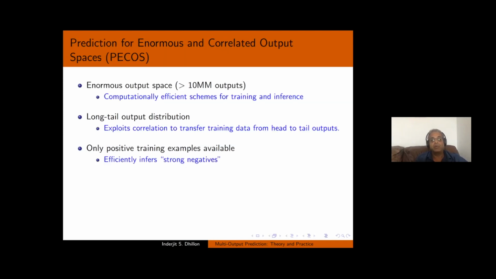So I'll talk about computationally efficient schemes for doing training and inference. I'll talk about this PECOS framework that allows us to exploit correlation to transfer the training data from head to tail outputs and efficiently infer strong negatives.